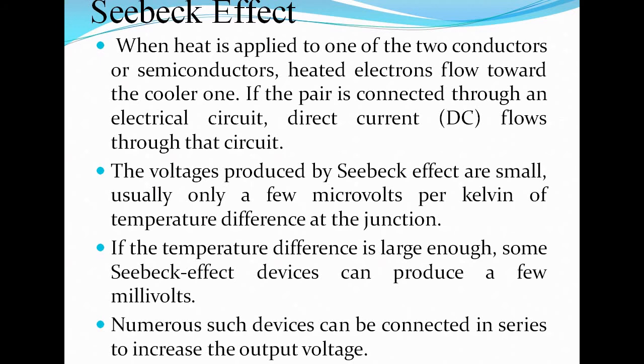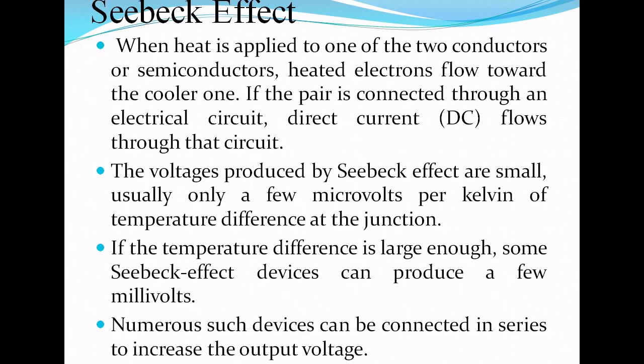When heat is applied to one of the two conductors or semiconductors, heated electrons flow towards the cooler one. If the pair is connected through an electrical circuit, DC or direct current flows through the circuit.